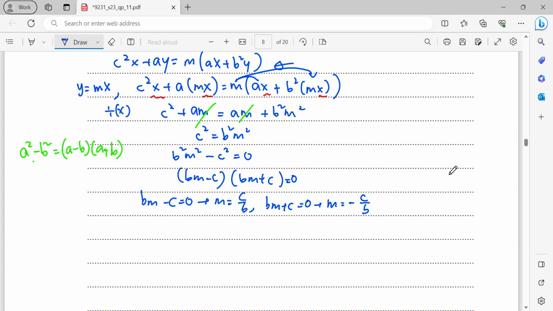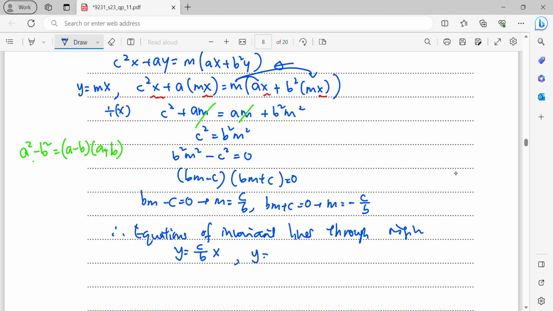So found two m values, therefore we get two equations of invariant lines through the origin. y equals mx. So the first m is c over b, then times x. The second will be negative c over b times x. So these are the two equations.